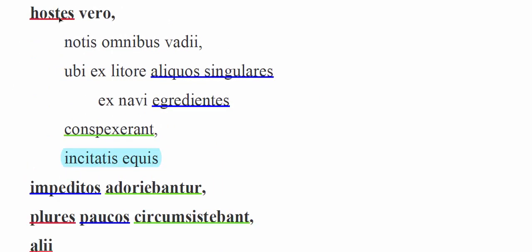Oh, but the enemy, and again, notice all of the advantages. With all of the shallows being very well known, okay, they're familiar with the beach. What would they do?